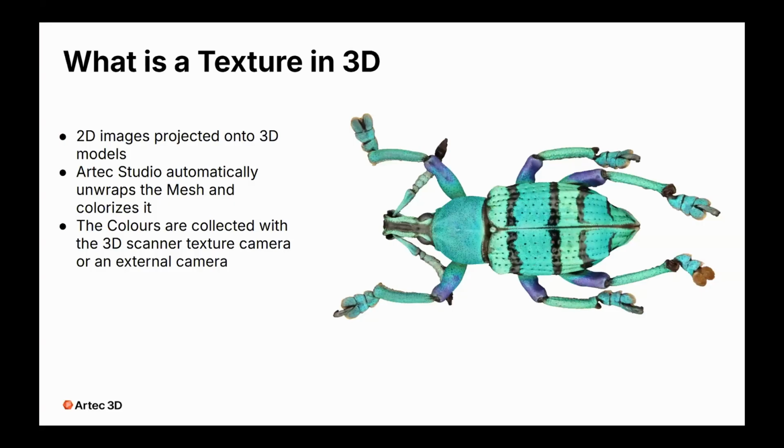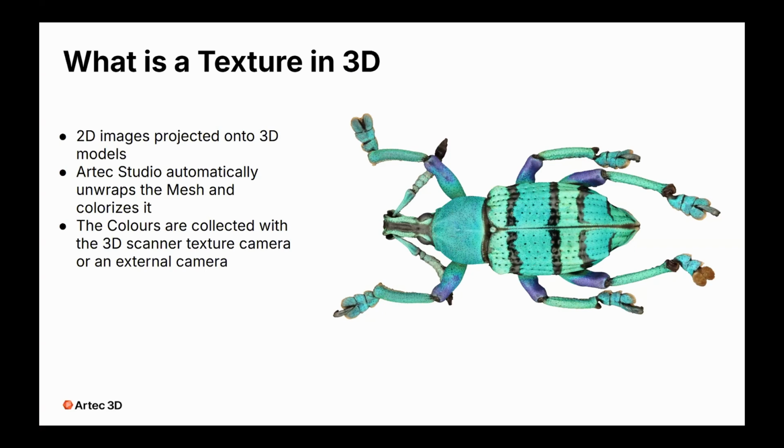So first of all, let's start with the texturing basics. So what is a texture in 3D in general? I think it's really important to understand that right away so that everyone is on the same page and it will be easier to move forward if we discuss it right in the beginning.